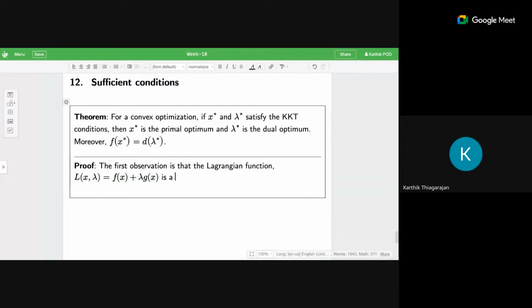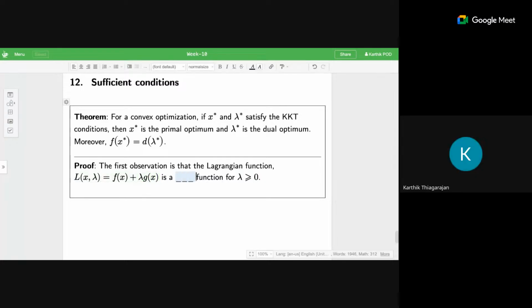It is a dash function. Do you see what kind of a function this is? Whenever lambda is greater than or equal to 0, what kind of a function is this? Since f of x is convex and g of x is convex, it is a convex function.